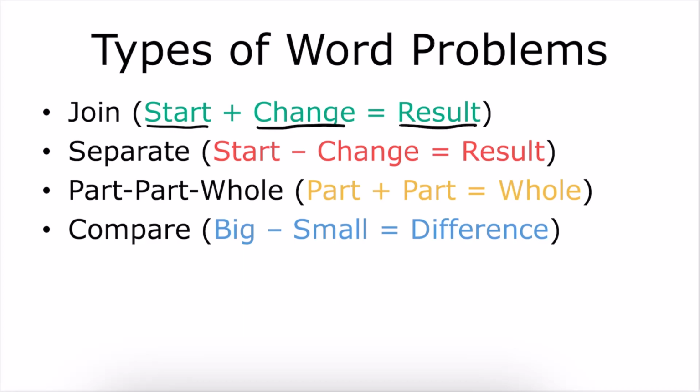Or you can have a separate problem where the start is missing, or one where the change is missing, or the result. In a part-whole problem, you can either have one of the parts missing, or you can have the whole missing. And in a comparing problem, you can either have the bigger value, the smaller value, or the comparison between the two missing. And so that makes up the 11 different types of addition and subtraction word problems.